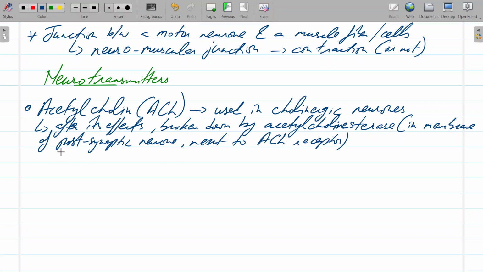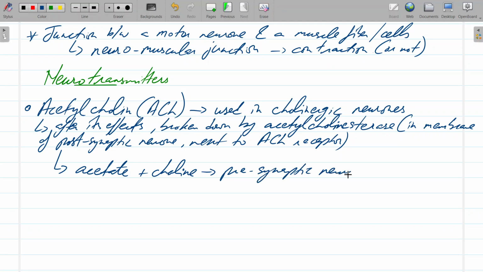What this does is it breaks up acetylcholine into its components, which are acetate and choline. They move to the presynaptic neuron and are recycled again to make new acetylcholine.